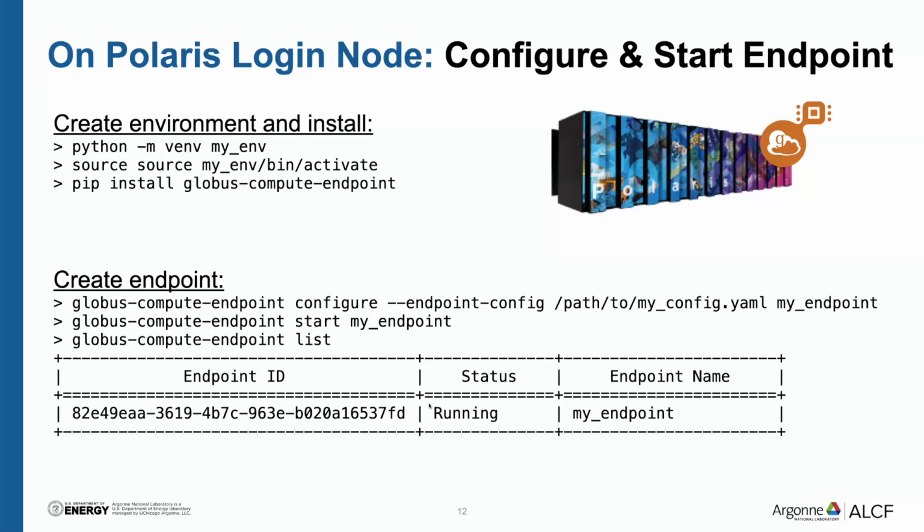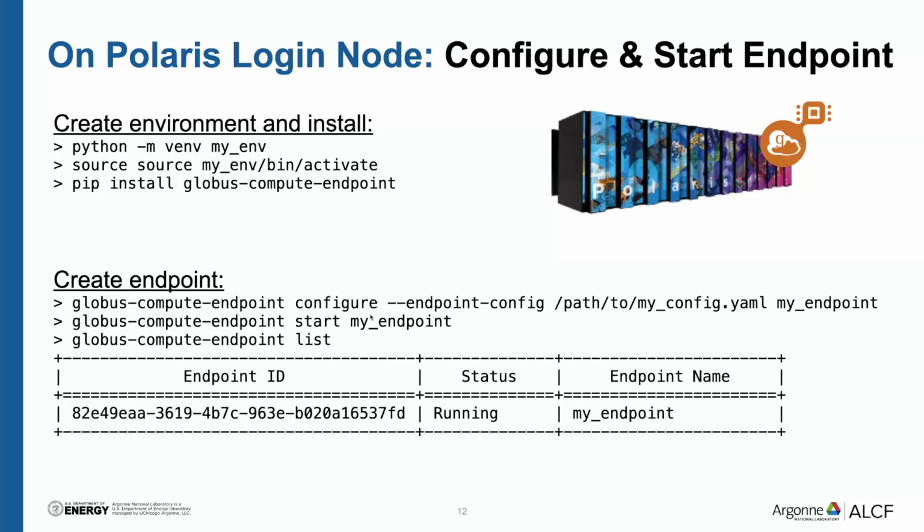Now, if you did something like a ps awk on the node you're on, you should see a process running under your username on the login node that is running this Globus compute endpoint tool. Endpoints can get disconnected, or they can be stopped.